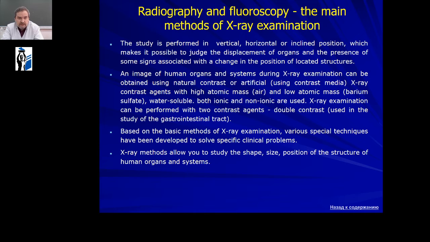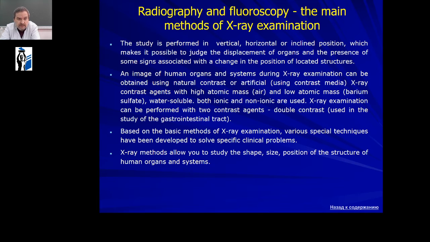X-ray contrast agents with high atomic mass, air, and low atomic mass, barium sulfate, water soluble, both ionic and non-ionic, are used. X-ray examination can be performed with two contrast agents. Double contrast is used in the study of the gastrointestinal tract.